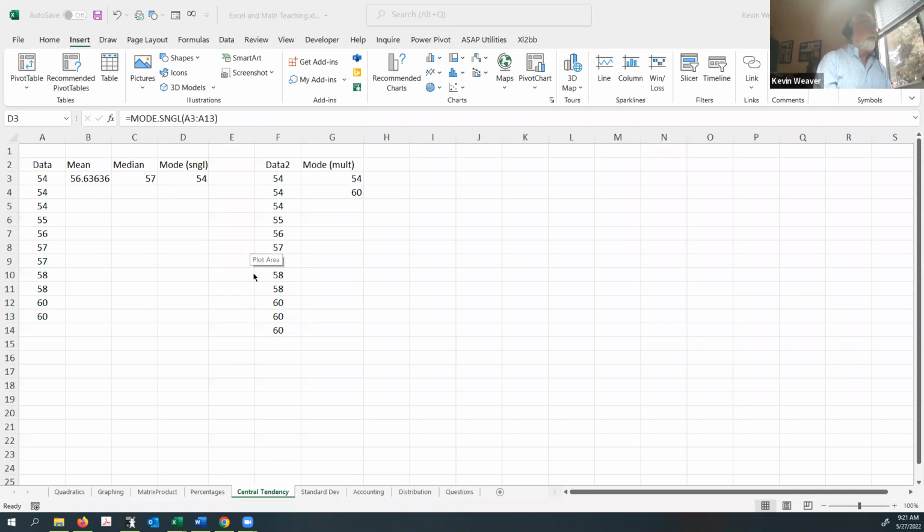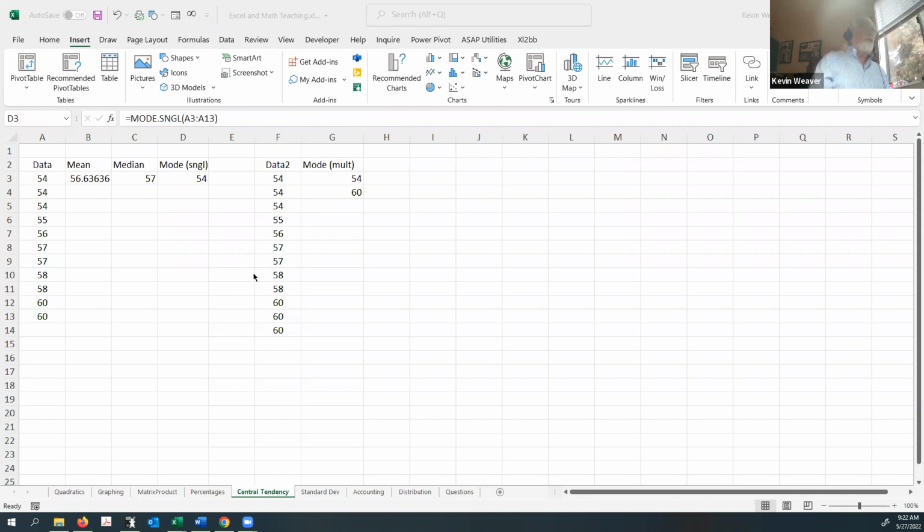The students are doing projects where they pull a large database from the CDC, for example, and they look at results from the CDC's studying COVID, for example, where they're studying other diseases. And then they want to analyze the databases statistically.